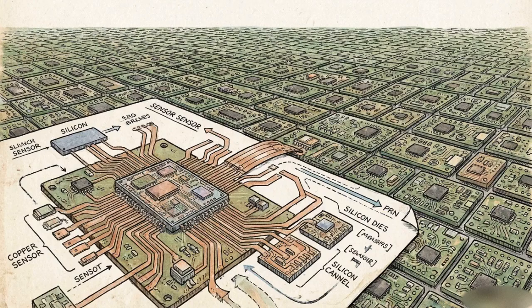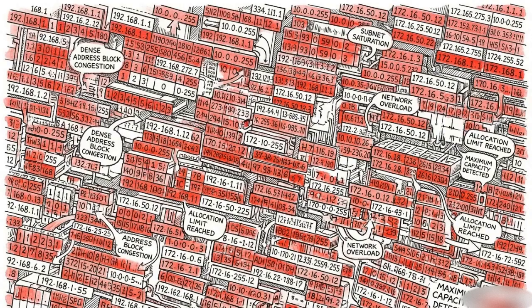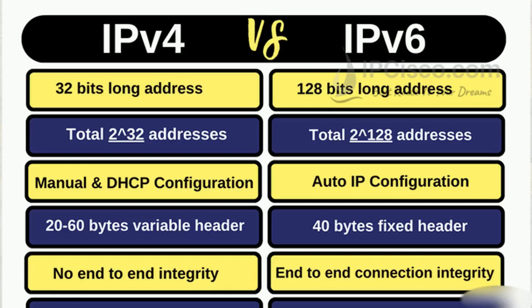But as we connect billions of these new sensors, we run into a hard physical limit. The existing internet infrastructure simply does not have enough unique IP addresses to label every single device. This chart contrasts the older IPv4 standard with IPv6. IPv4 provides a 32-bit address space, maxing out around 4 billion addresses.